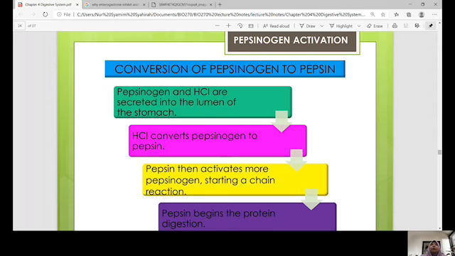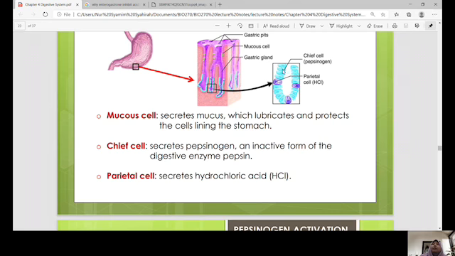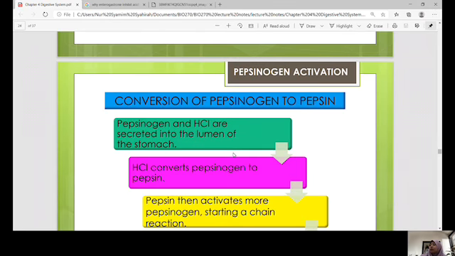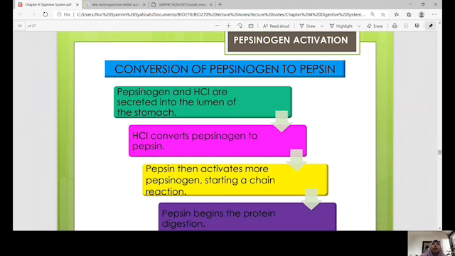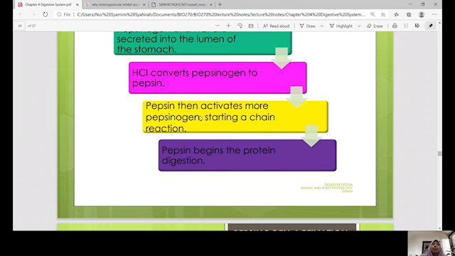Now we go into pepsinogen activation. Pepsinogen is the inactive form of the pepsin enzyme. So how does pepsin help in digestion? The pepsinogen and hydrochloric acid are secreted into the lumen of the stomach. The hydrochloric acid will convert the pepsinogen to pepsin, and then the pepsin will be activated.